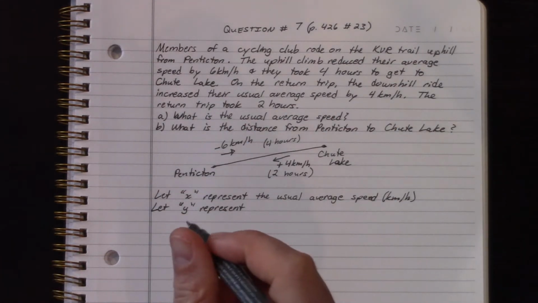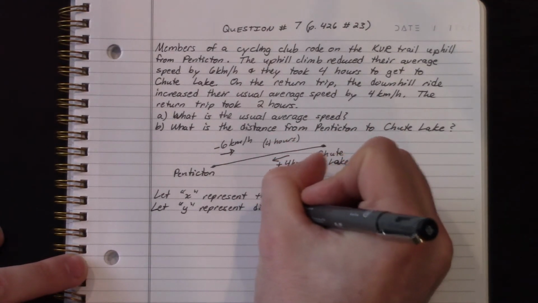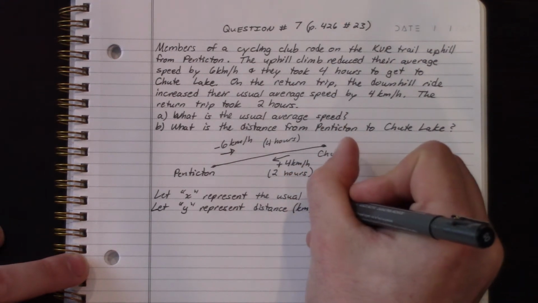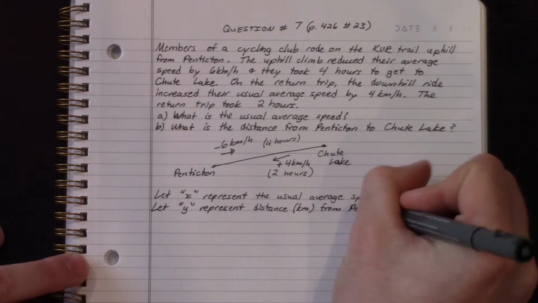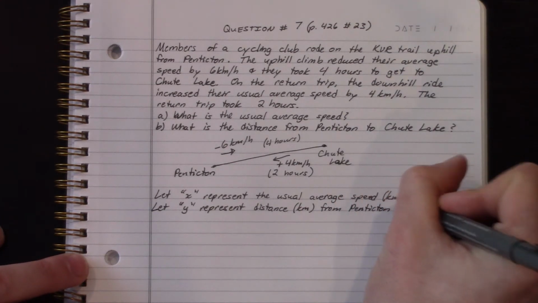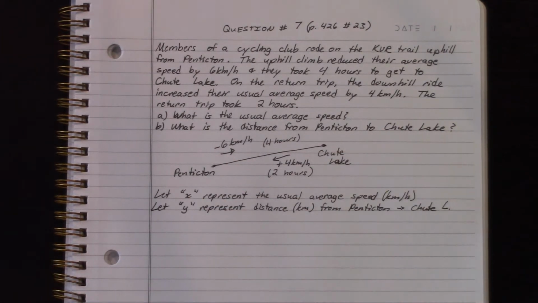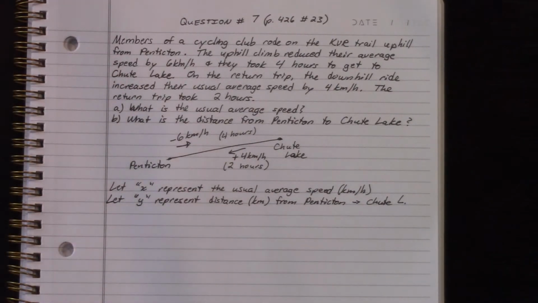Let Y represent distance in kilometers from Penticton to Chute Lake. So we've got our variables defined here.